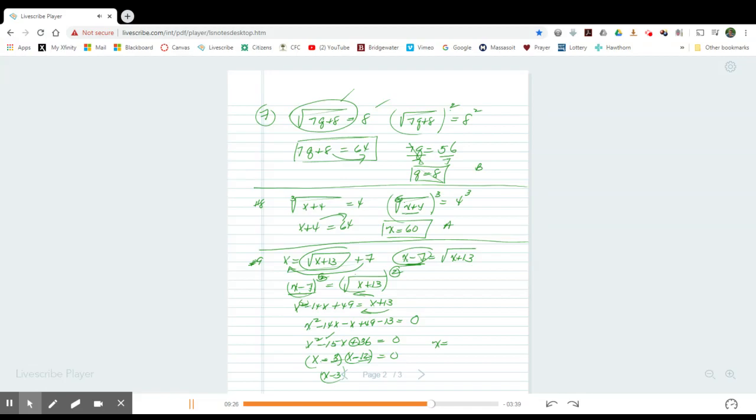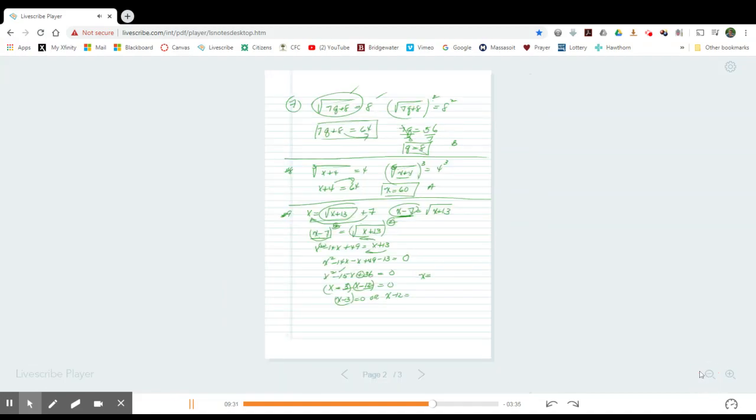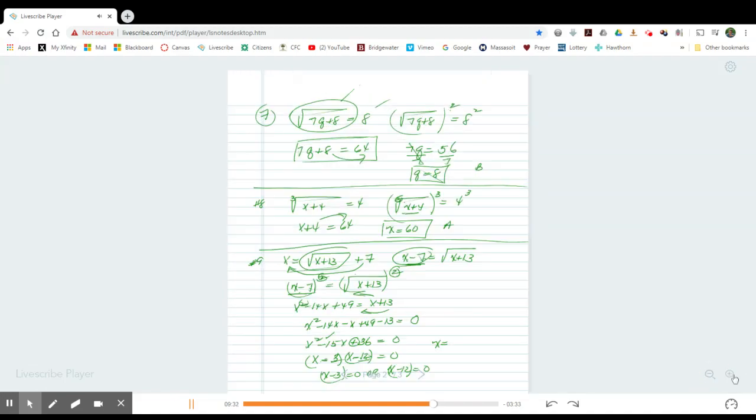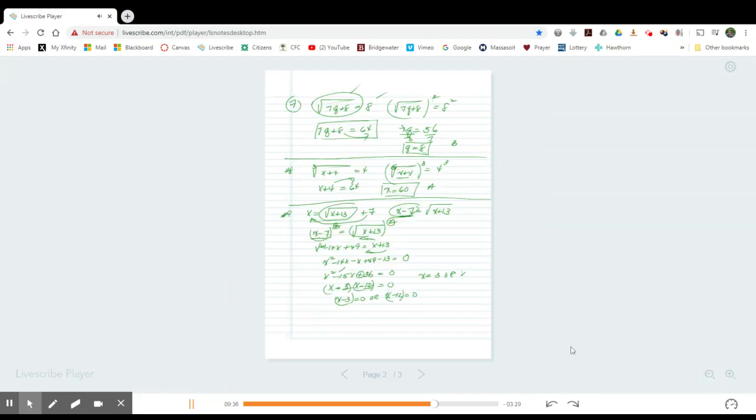All right, 3 and 12, but yet you see the answer just being 12. Now, I opted to say, hey, I had a quadratic, which normally means that I have two answers. And they suckered me in, they will sucker you in, because letter A is 3 and 12.